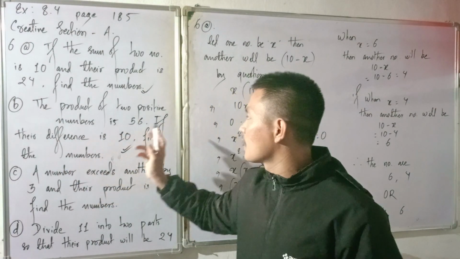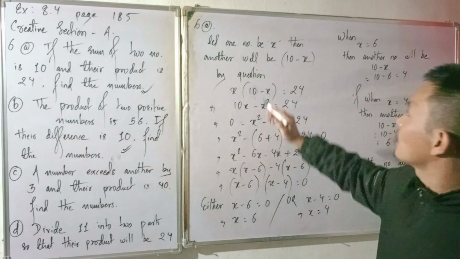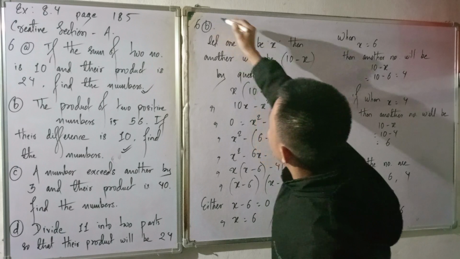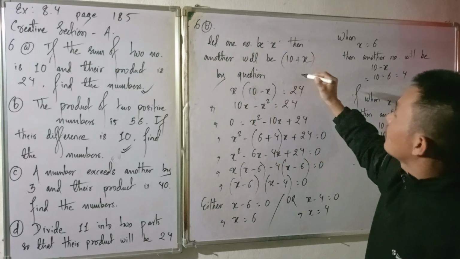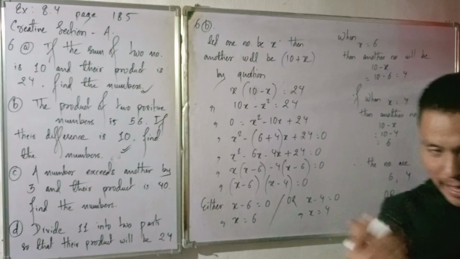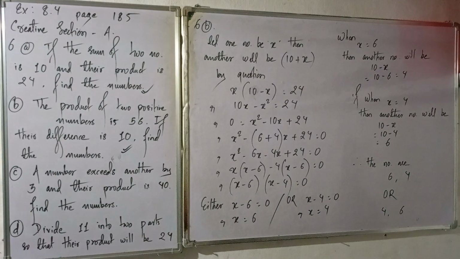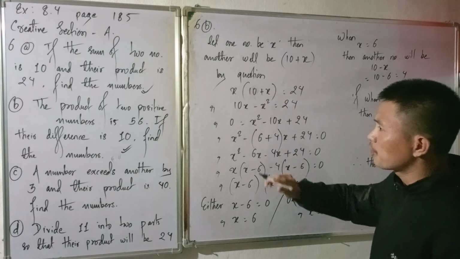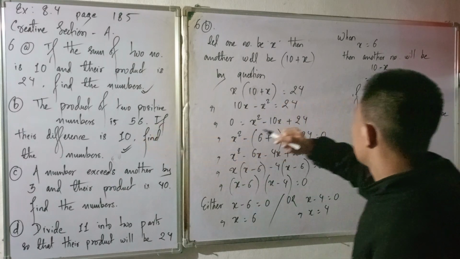So if the difference is 10 and we consider one number x, then another will be 10 plus x. This is how you should consider. Now by equation, their product must be 56.